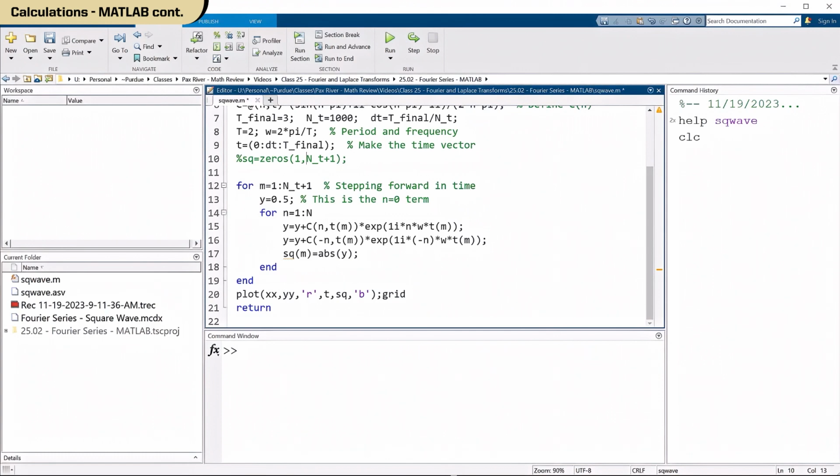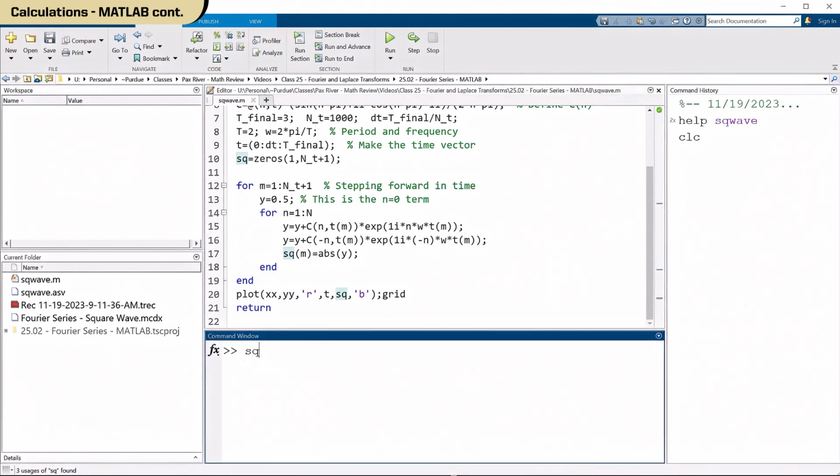I want SQ to be a vector, not a matrix, so that should be a comma, not a colon. And I could do this nt plus 1 comma 1 if I wanted to, depending on whether I want to make a row or a column vector. It doesn't really matter in this case. So let's turn that back on and notice that all my warnings went away, and I've got no warnings found.